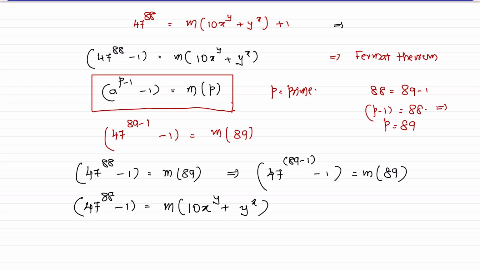Compare these two equations, this equation and this equation. From these two we get 10x to the power of y plus y to the power of x is equal to 89.